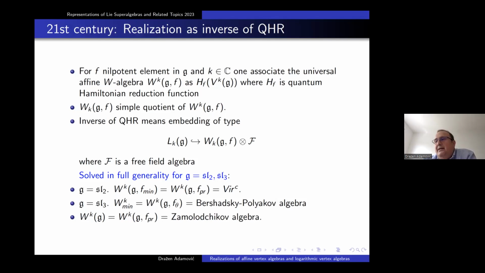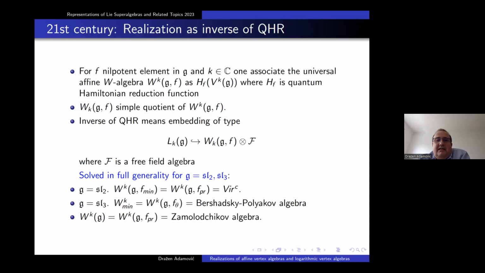And this is the bridge between affine vertex algebra and W-algebra. So this is related to the remark and discussion about Virasoro and affine. They are related by this quantum Hamiltonian reduction functor. This is a new idea of how this works.